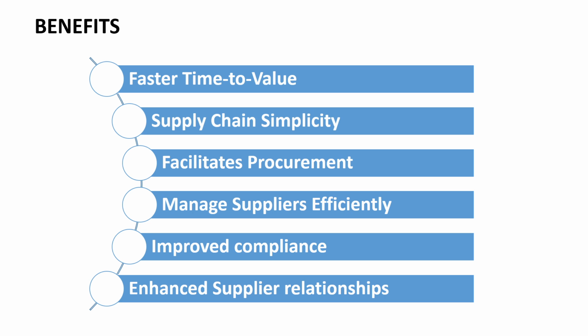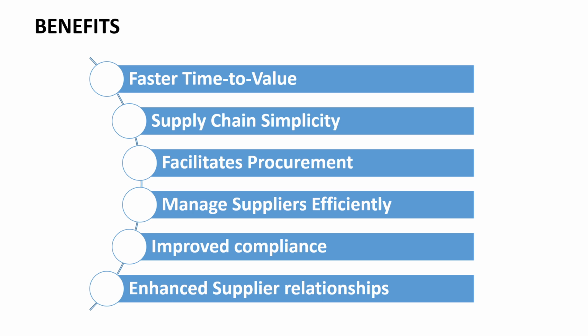And the next one is improved compliance. It means SAP Ariba can help businesses comply with their procurement policies and procedures, reducing the risk of errors and fraud. This is the fifth benefit.